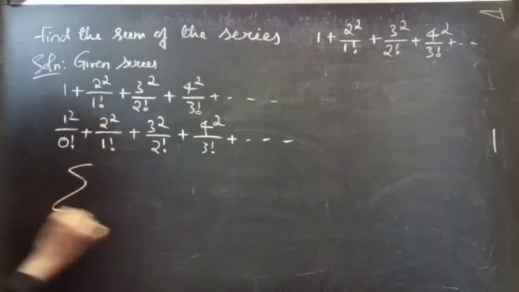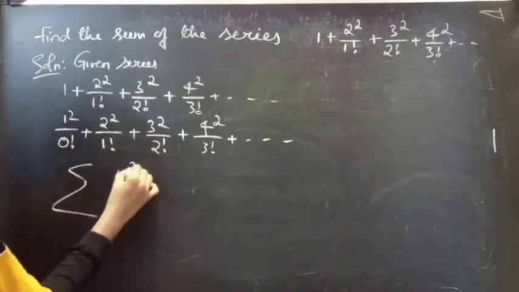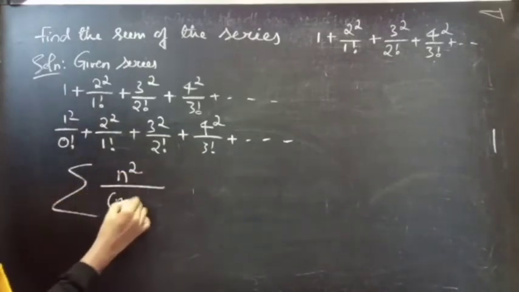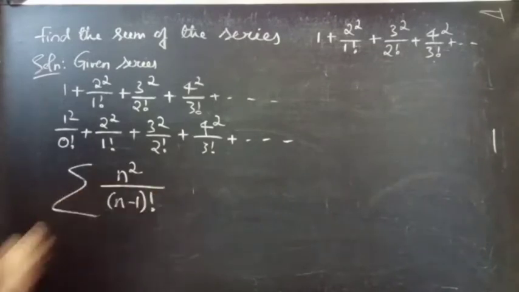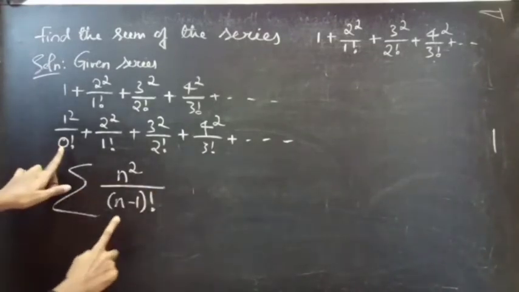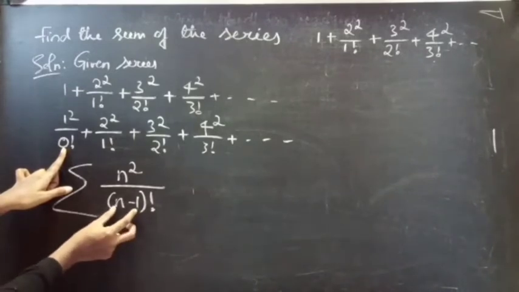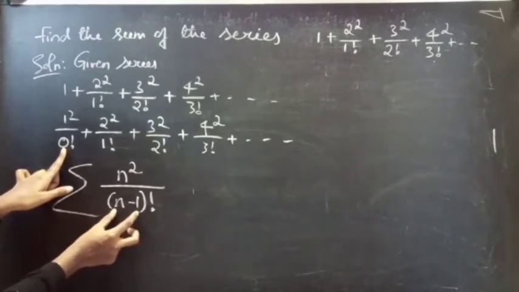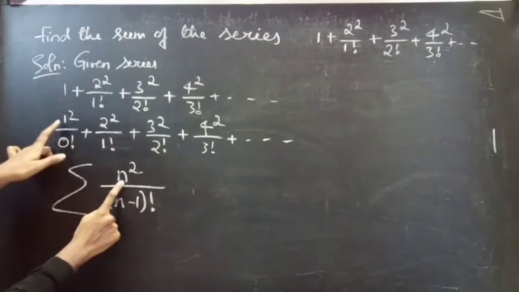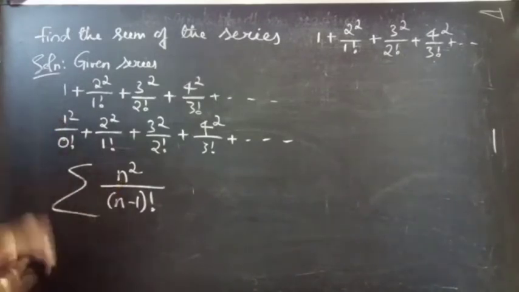So we'll write in general n square by n minus 1 factorial, where the number in the denominator is less than the number n in the numerator.